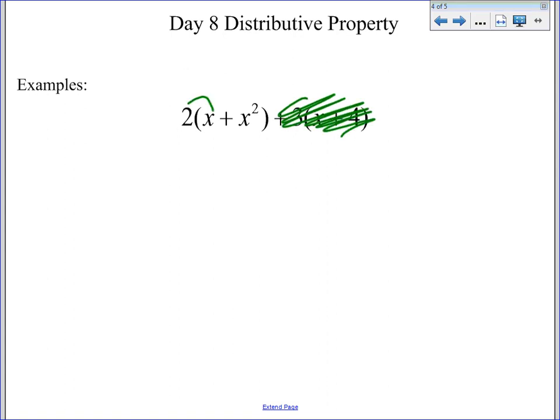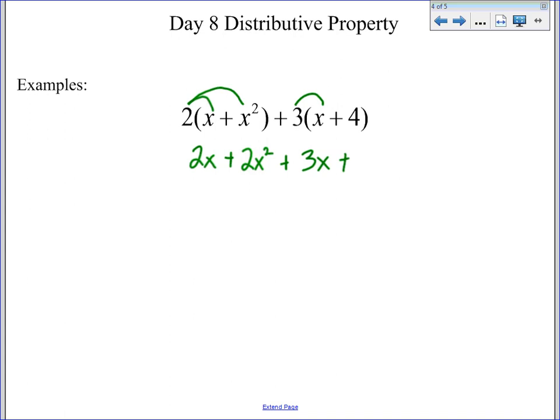We have 2 times x, and we get 2x, plus 2 times x squared, and we get 2x squared. Now we can look at the second one. We're going to have plus 3 times x, which is 3x, plus 3 times 4, which gives us 12.